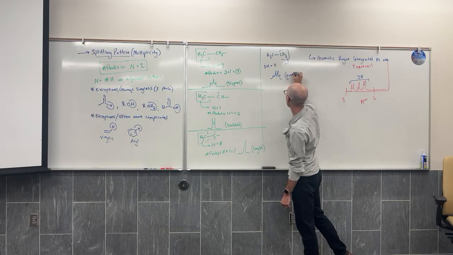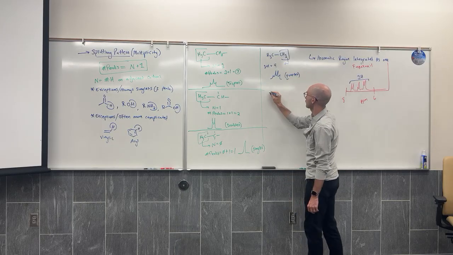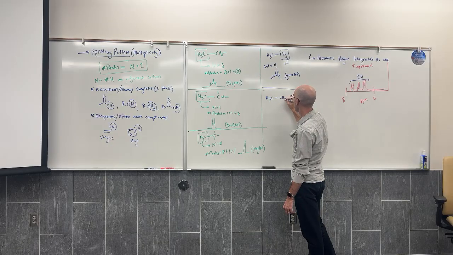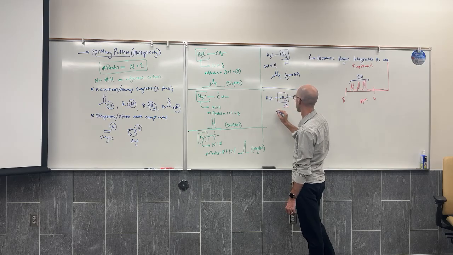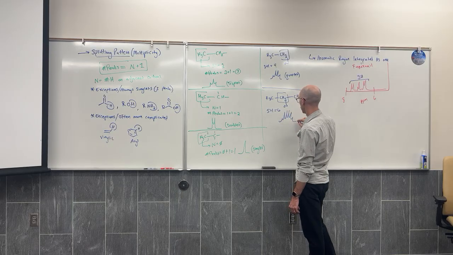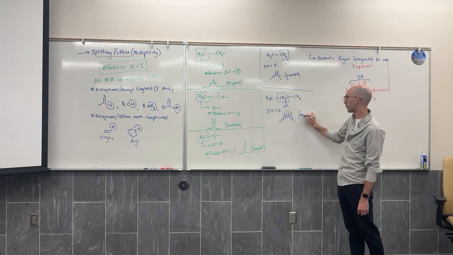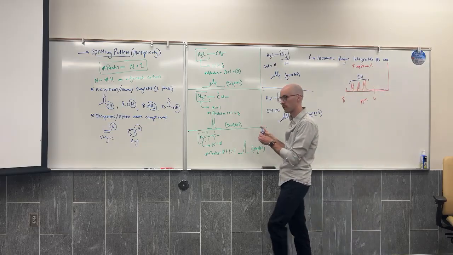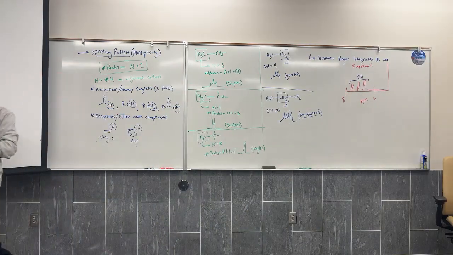And we call this a quartet. And to be honest, beyond 4, things just kind of start getting messy. And we start referring to things as multiplets. Notice that CH2 that now has 5 neighbors, which means that it will show up as 6 peaks.